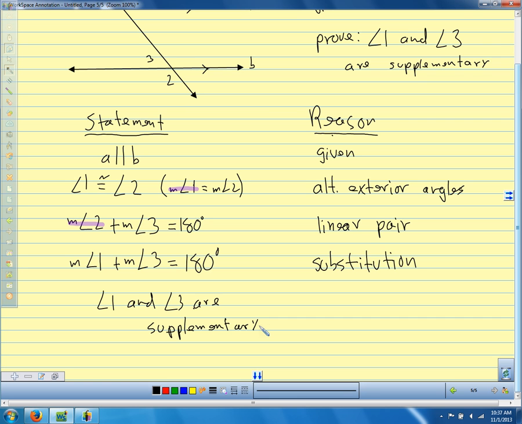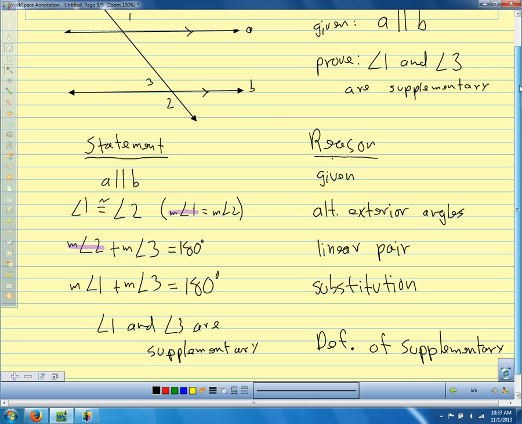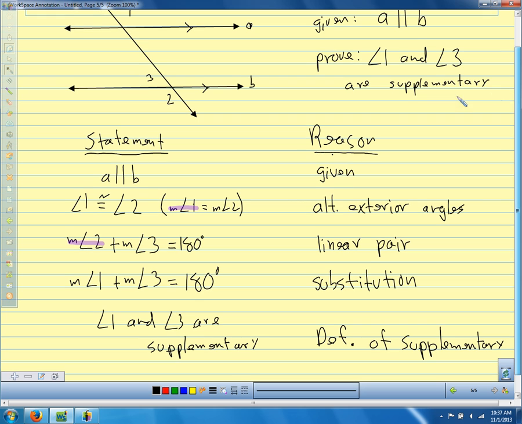They add up to 180. So this is the definition of supplementary. That's what it means for them to be supplementary, is that their measures add to 180. So there's our proof. We proved that angle 1 and angle 3 are supplementary. They add up to 180. So not too bad.